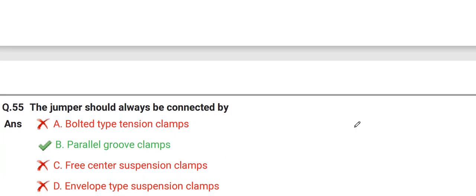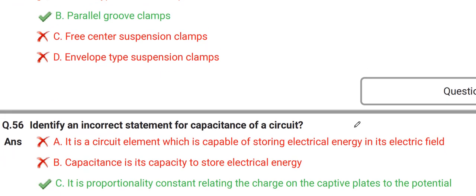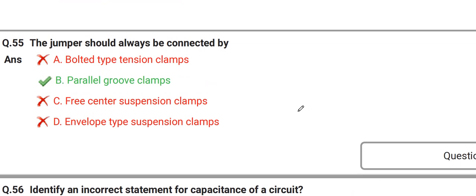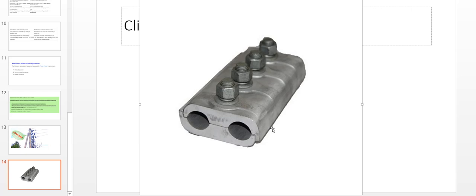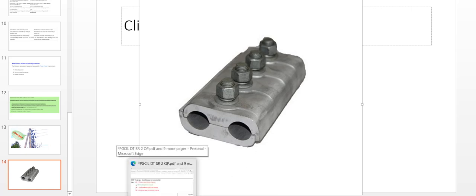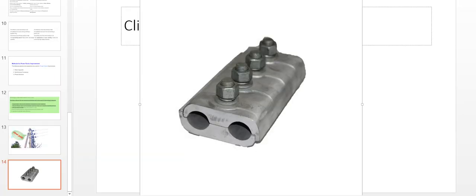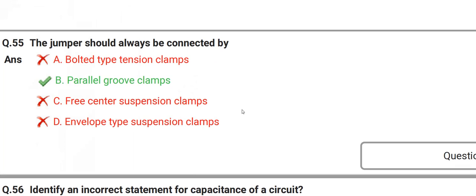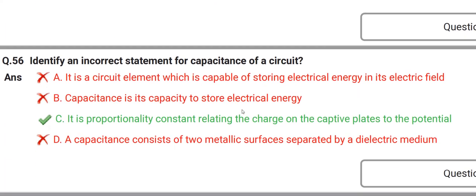The jumpers should always be connected by what? So the jumpers should always be connected by parallel groove clamps. Okay, so this is the parallel groove clamp in which the jumper is connected.